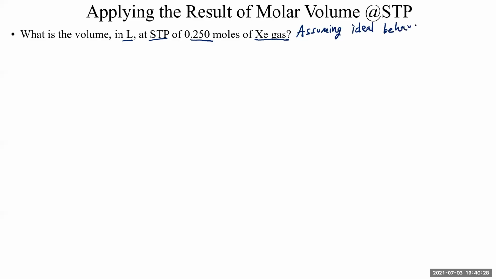Don't let it throw you that I mentioned a specific real life gas, xenon. If we assume ideal behavior, it's always the same gas. It's the hypothetical ideal gas. It doesn't matter that it's xenon or helium. It doesn't matter if it's got 10 atoms or 1. It's a gas.